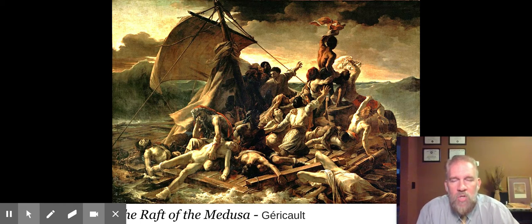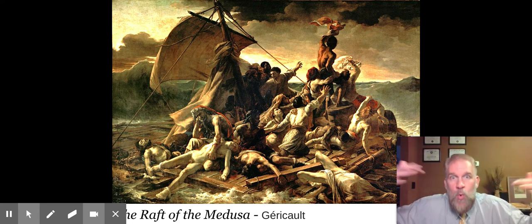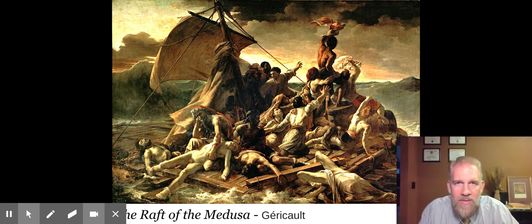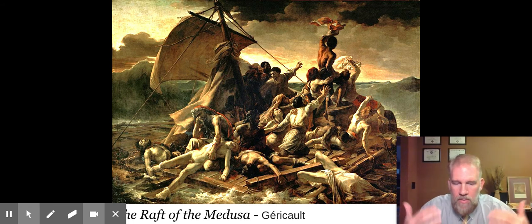He goes to the sea and he watches storms. He's standing out in the rain, watching the sea and the sky and experiencing it. He goes to a hospital nearby where he's painting, and he looks at people who've drowned, and he looks at the effect of the water and the nature upon the bodies.